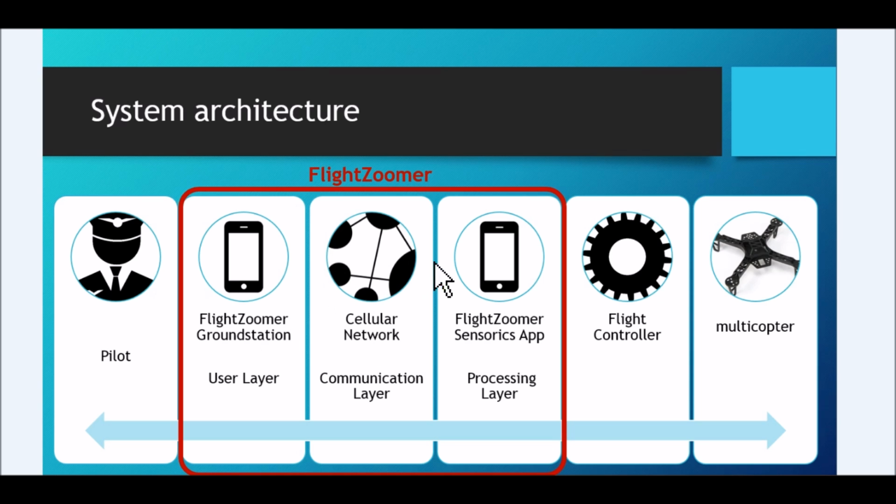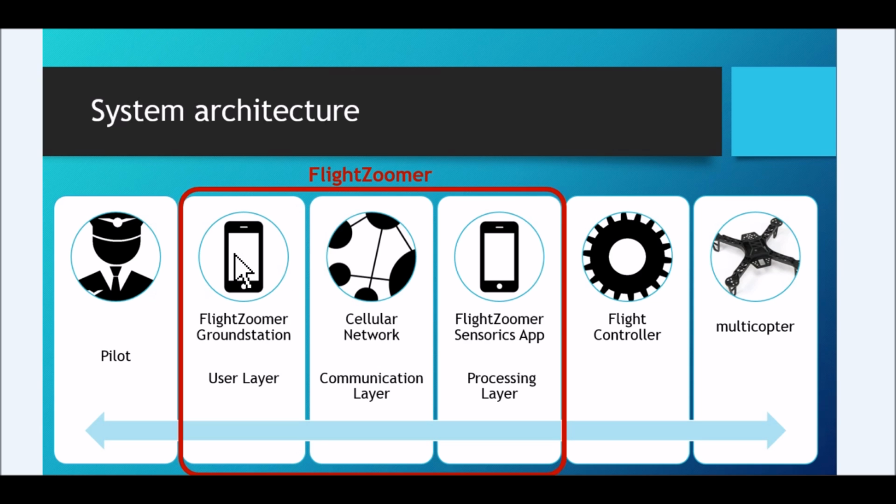The ground station is connected, in a very tightly coupled way via a bidirectional communication, with the sensoric app. That's another smartphone which is attached to the copter, and this app also controls the flight controller via Mavlink, via Bluetooth. So end to end we have a processing chain that simulates the avionics of a real aircraft.